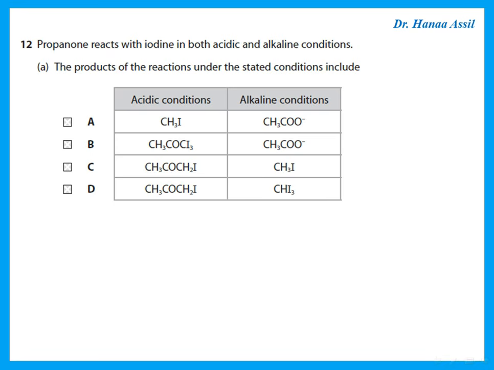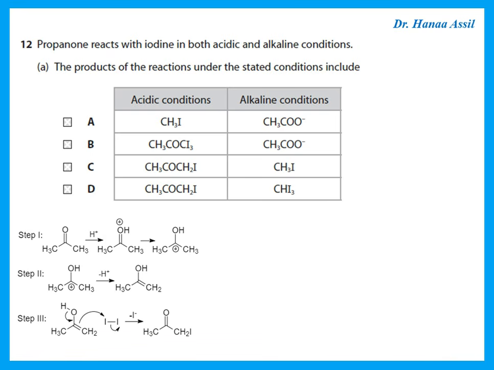Propanone reacts with iodine in both acidic and alkaline conditions. The products of the reaction under the stated conditions are what? So if I look at propanone and I react it in acidic conditions, this is the kind of reaction that happens.